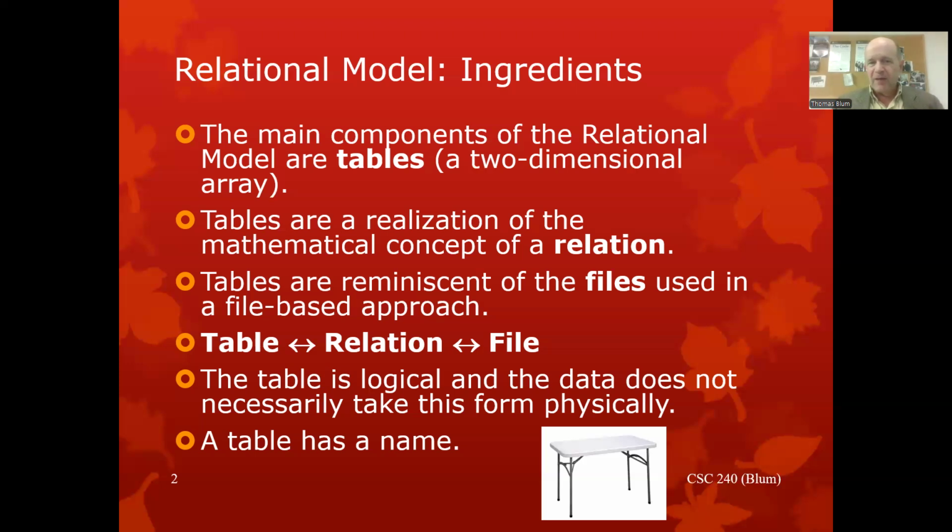So we're going to have tables, and they are just a representation of the mathematical concept of a relation. It is replacing the idea of each individual file that one might have found in the original database systems that people built all individually. So we're going to use these terms almost interchangeably: table, relation and file.